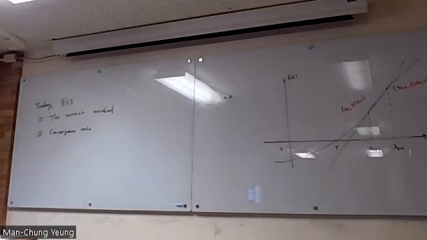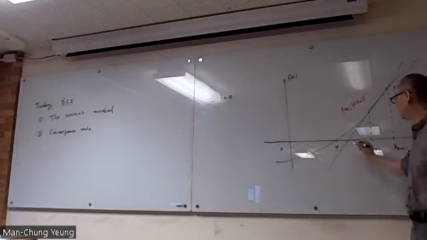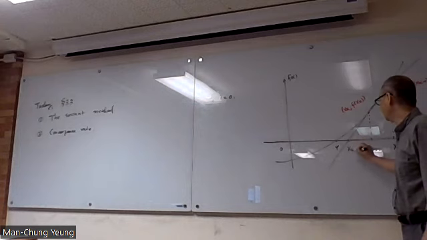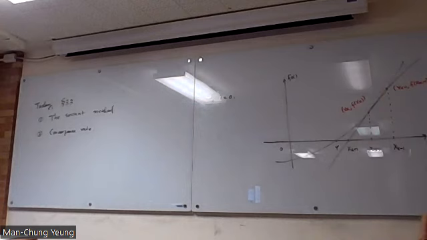The secant line intersects the x-axis at a point. We call this point x_{k+1}, a new guess of the root.